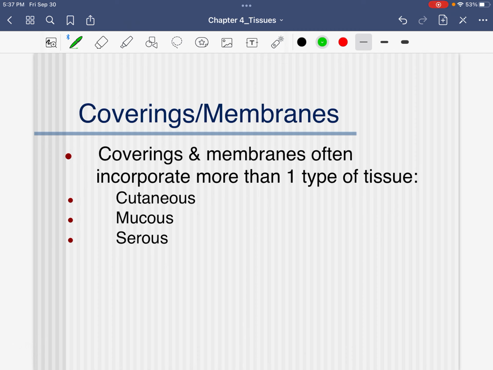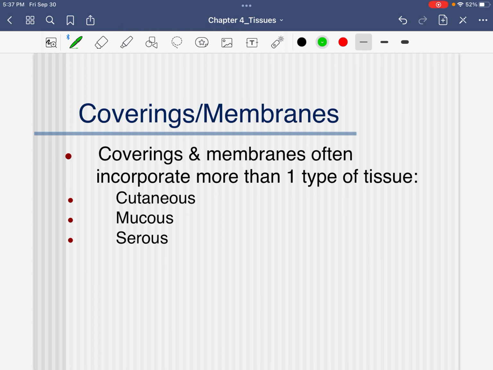What I want to talk about here is we have special names for certain membranes in the body.